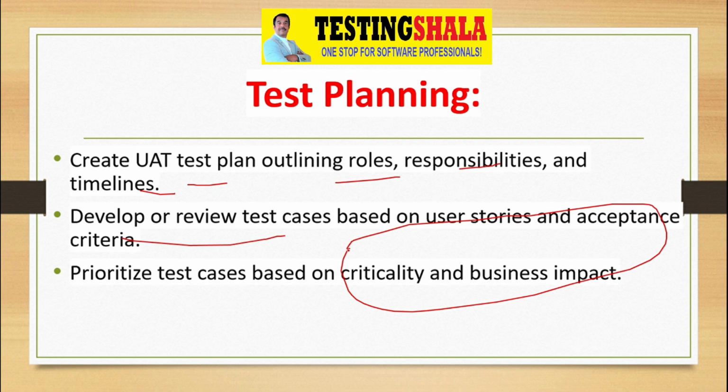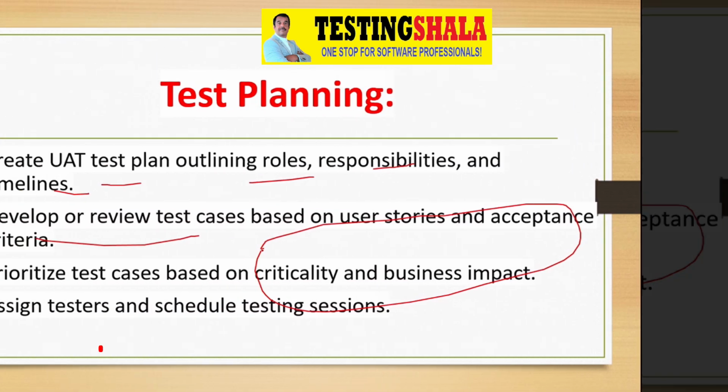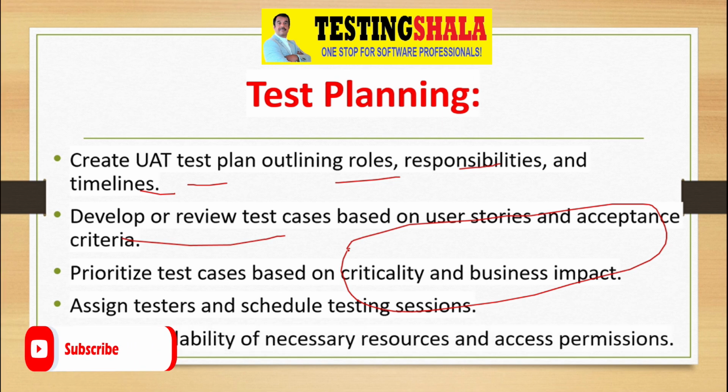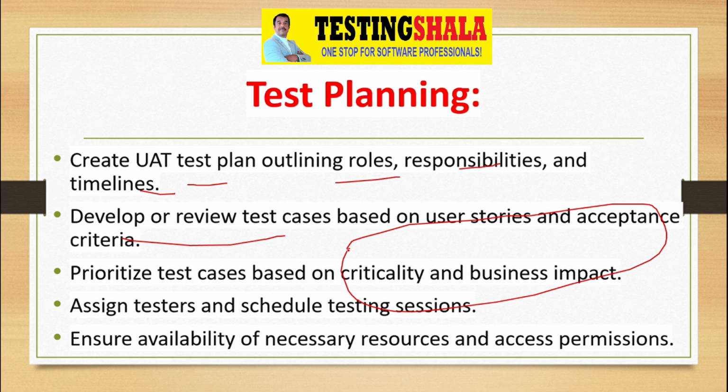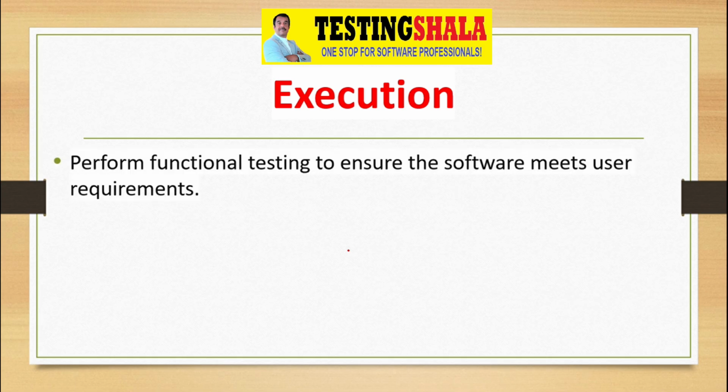And we should assign the testers to test these test cases in a scheduled manner, so that we can start the UAT phase. And ensure availability of necessary resources and access permissions, so that we can go for the execution phase.